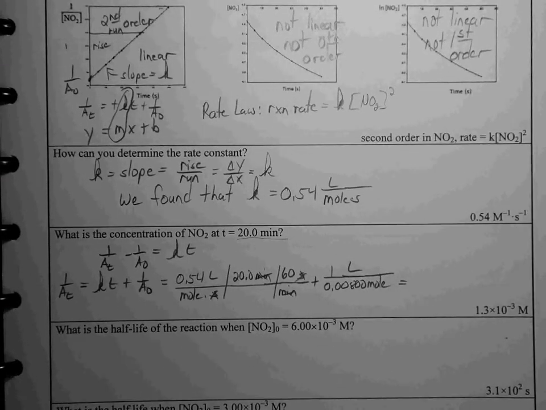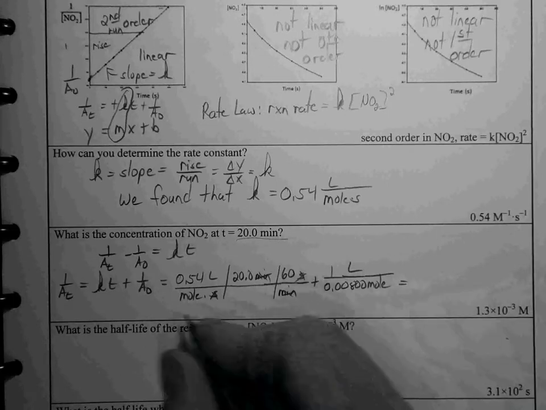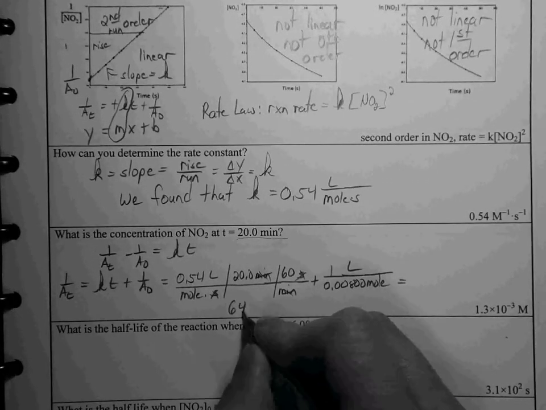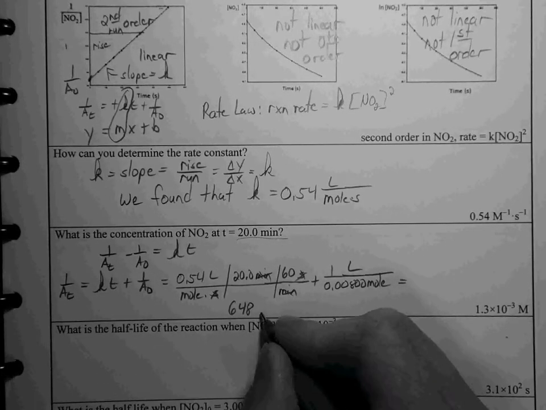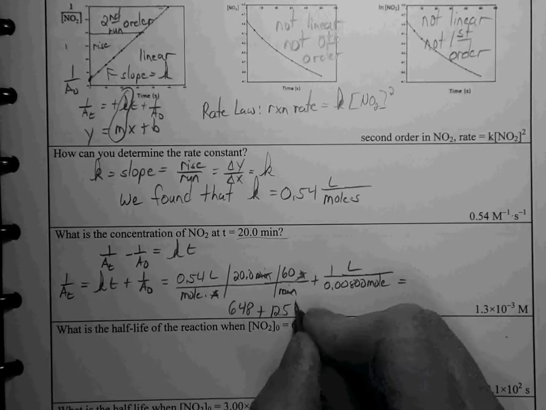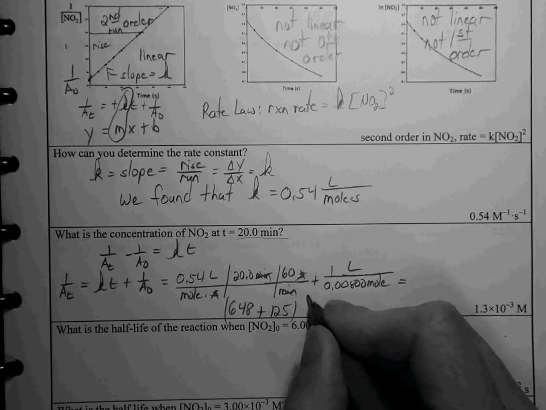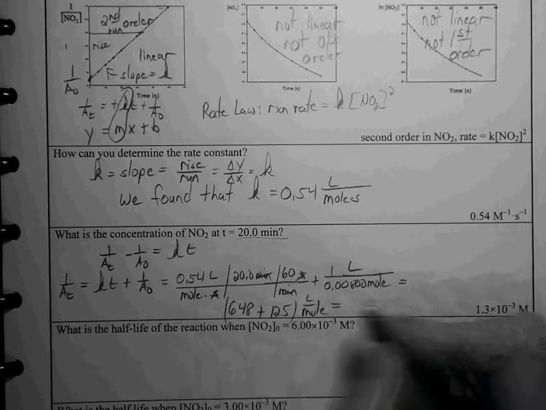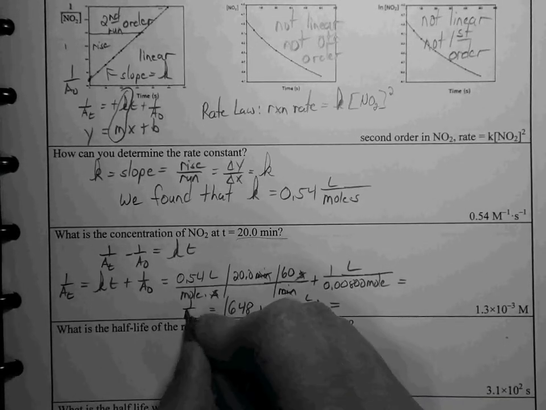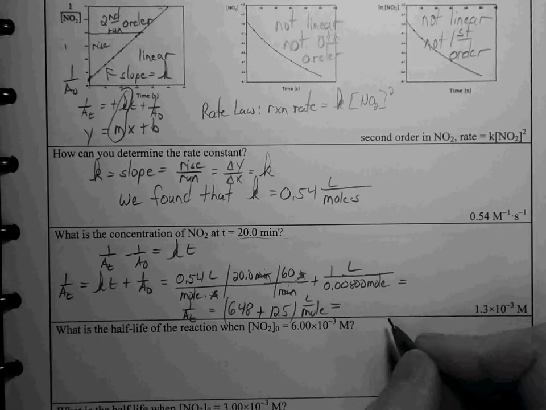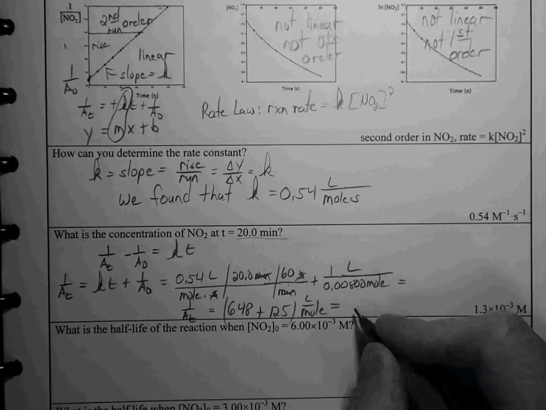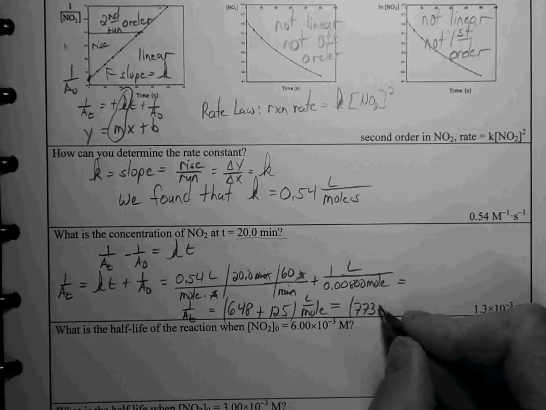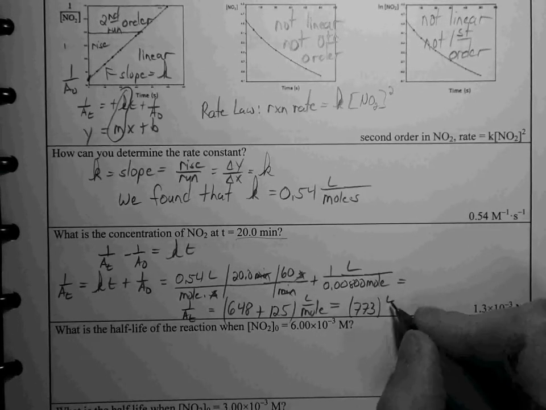So our value for 1 over [A]t comes out to be 648.125 liters per mole. So 1 over [A]t is equal to this value, which is 773 liters per mole.